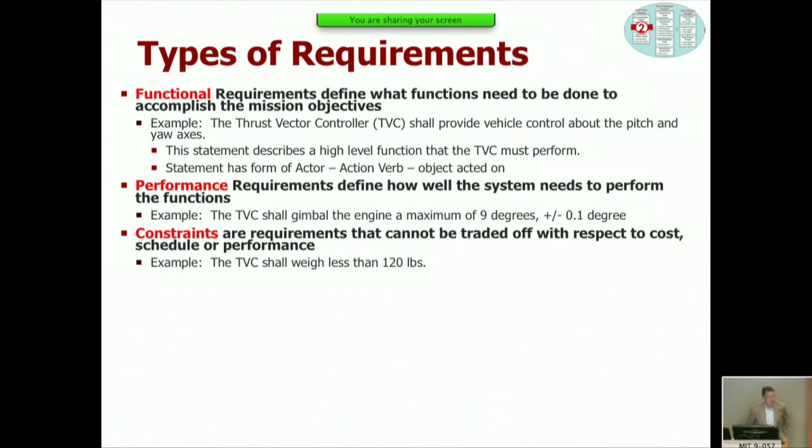Then we have constraints. Okay, yep. Isn't the performance requirement saying the engine has to gimbal 9 degrees? Isn't that kind of pushing towards the specification? Or I guess it can also be a requirement, but isn't that? Right. In this case, we're not specifying how those 9 degrees are achieved, whether it's through a gimbal or the actual mechanism is not described here.